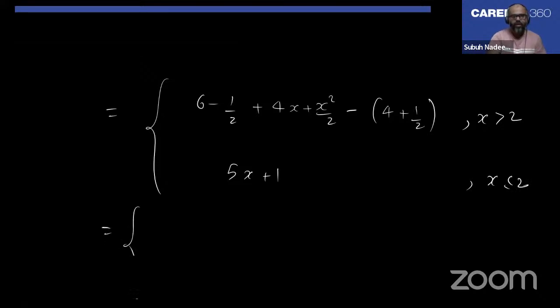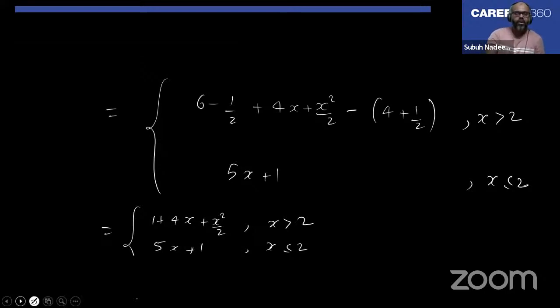So what do we get? 6 minus 1 by 2, and this minus 1 by 2, that will become 6 minus 1, that is 5. 5 minus 4 is 1. So it will become 1 plus 4x plus x square by 2 if x is greater than 2, and 5x plus 1 if x is less than or equal to 2. This is what we are getting.